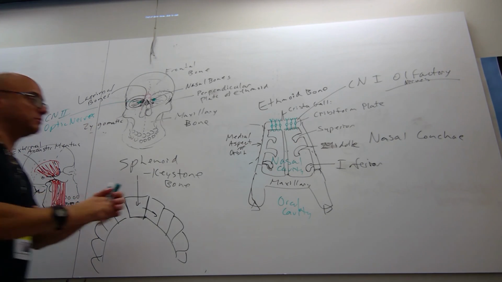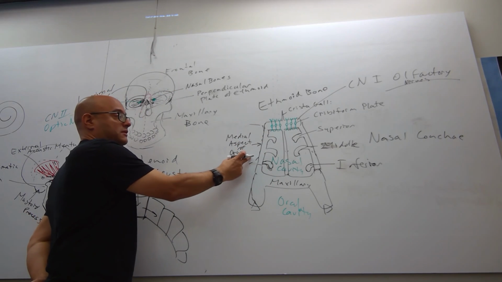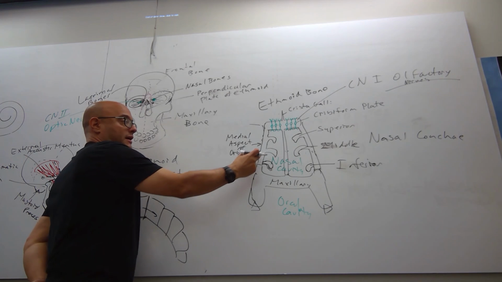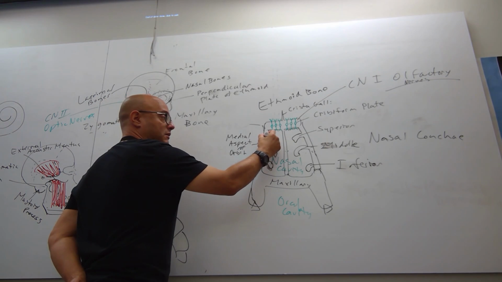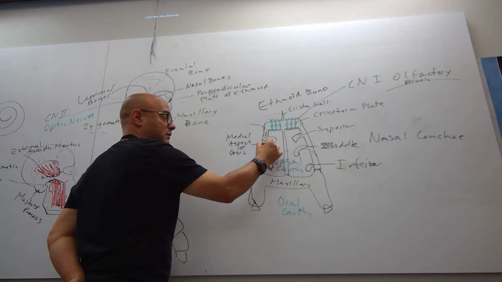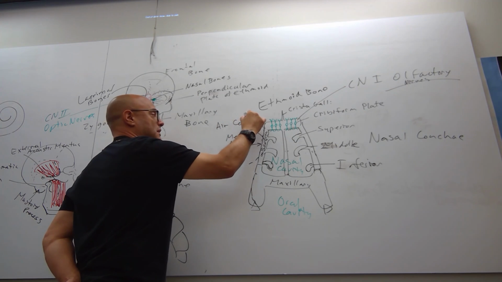Separately, in the ethmoid bone, in the lateral wall, like I was saying, this is the medial aspect of the orbit, and this is the aspect of the nasal cavity, in between here, it's airy. So they call them air cells.